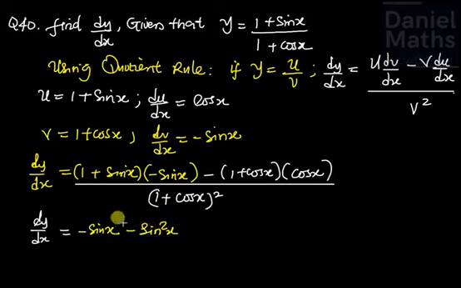And then for here, if I open this up, this will give me minus, and then I'm still going to have this bracket. So minus, if I expand this, I'm going to have cos x, and then plus cos square x.